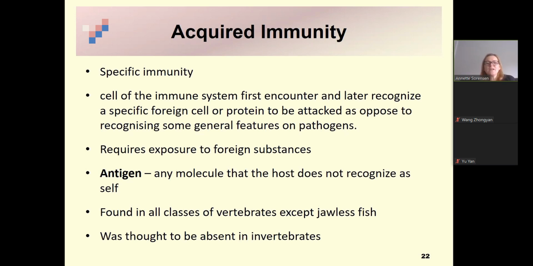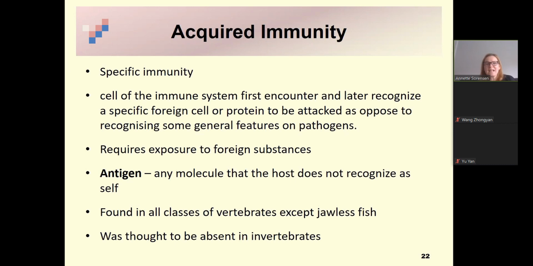Now, acquired immunity does require that you have been exposed to that foreign substance or that pathogen before, because you only have acquired immunity to a pathogen if you have already been exposed to it. Now, I've already mentioned antigen.